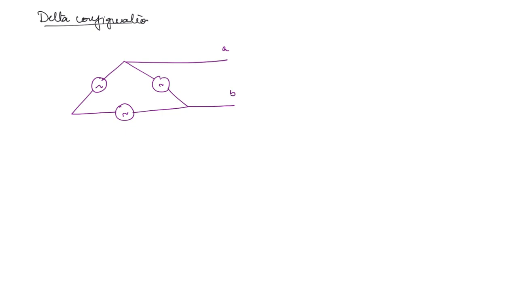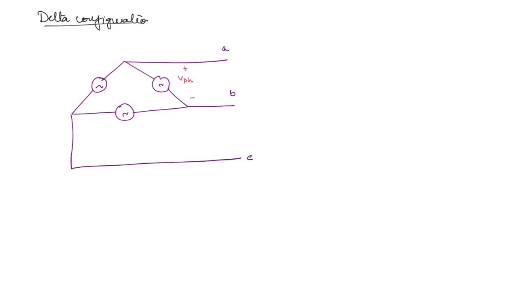So in delta, you are going to have the connection like this. Right. So if you take this as the A terminal, then this you can take as B and this you can take as C. Now what will be the phase voltage? The voltage across this. So you can write this to be V phase.